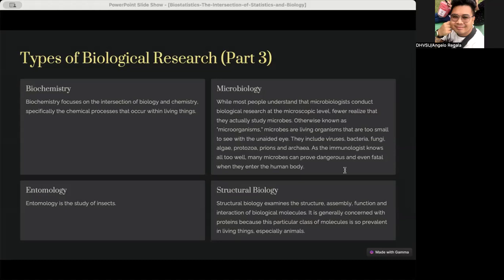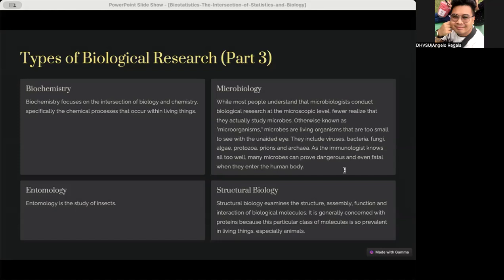In entomology, we try to understand insects. How do they live? How do they reproduce? Their life cycle, and many more.